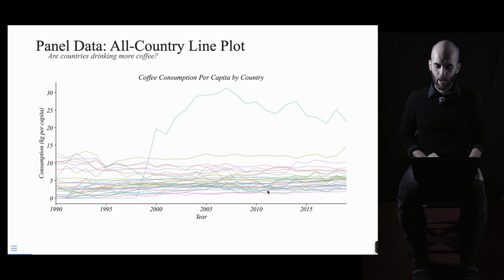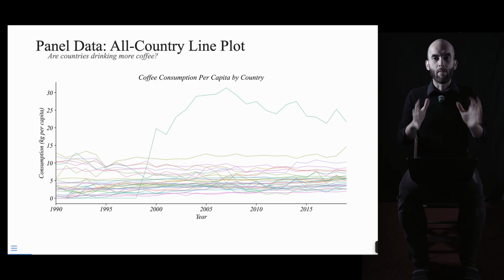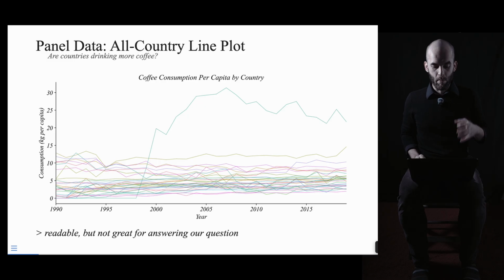Like the bottom might be going up, so the minimums may be going up, but the rest isn't particularly clear to me. So I would wish for a figure that would allow me to communicate this data more effectively. So the main point here is our figure definitely communicates the data. It's readable, but it just is not very effective.